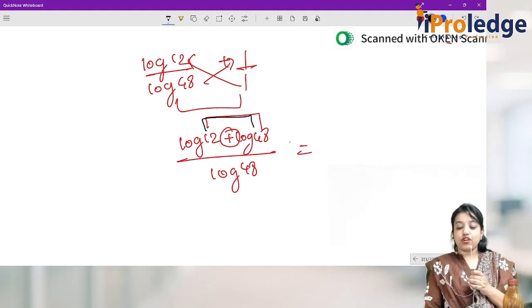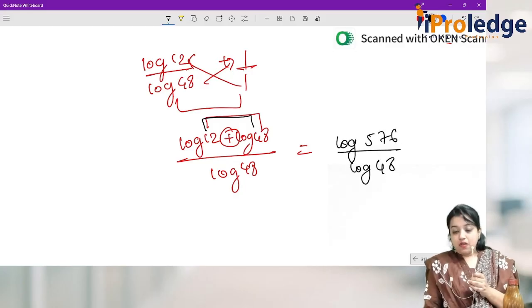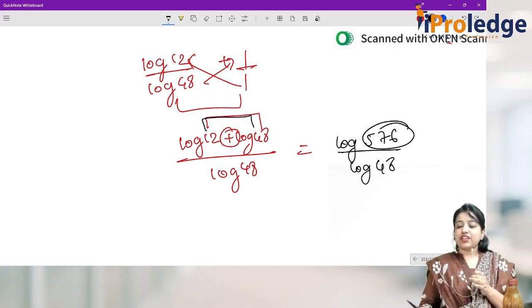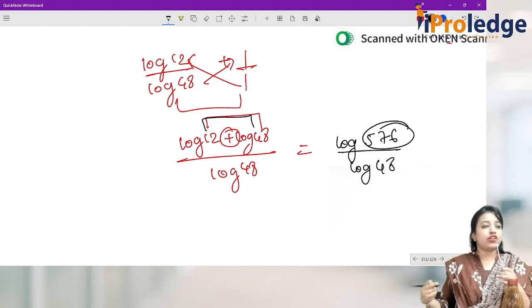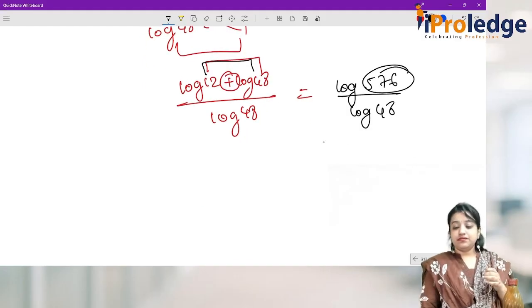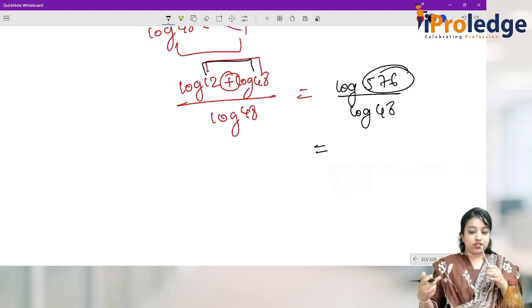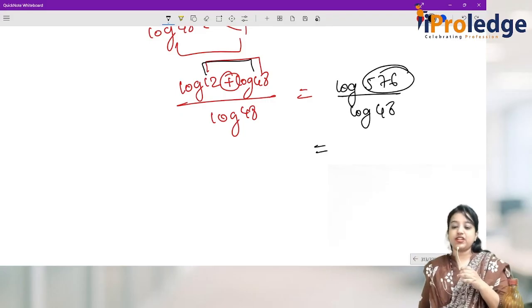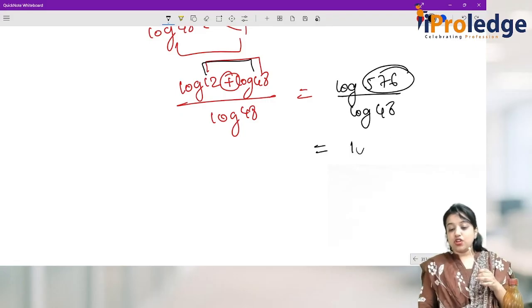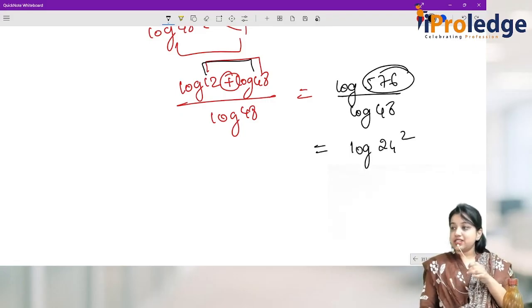So 12 into 48 will be 576 divided by log 48. Check whether you can write 576 in terms of 24, 36, 48 powers. Yes, log 576 can be written as 24 squared by log 48.